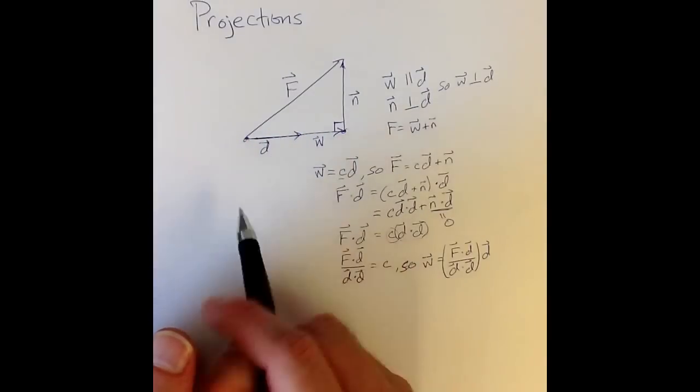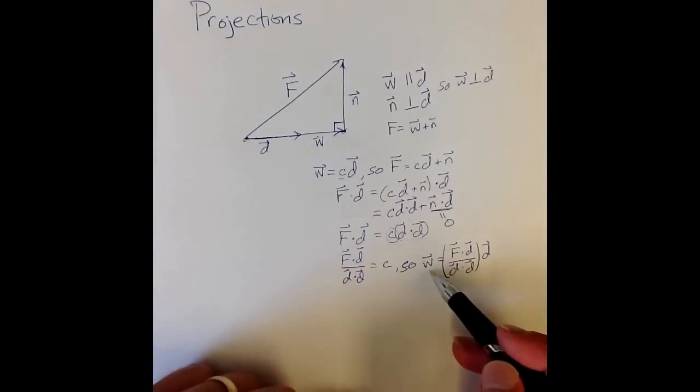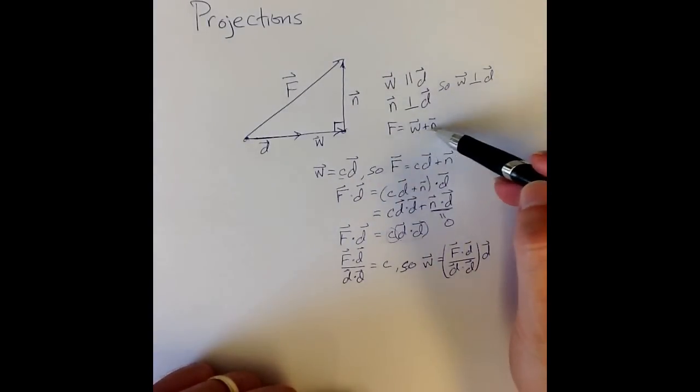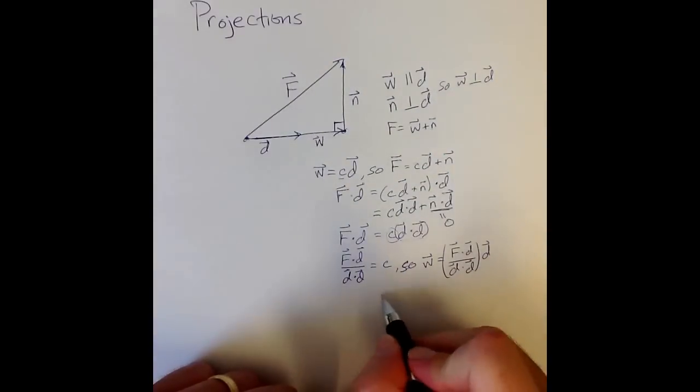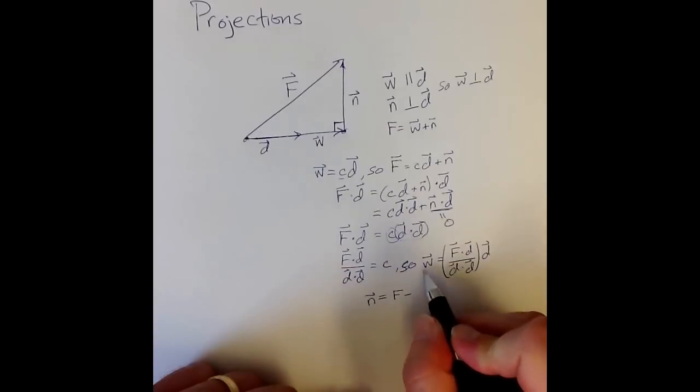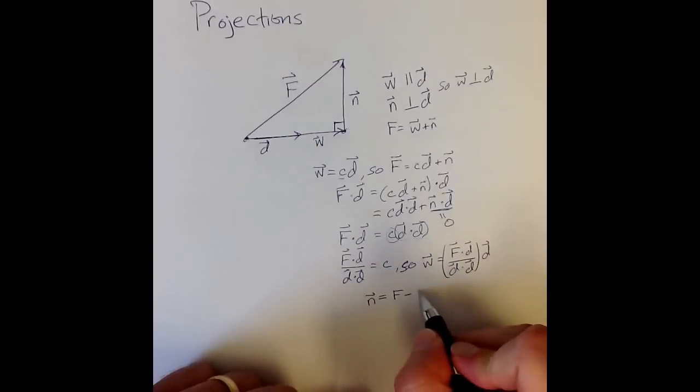And once we know w, how can we find n? Well, remember f is equal to w plus n, so n is equal to f minus w, or minus this thing right here.